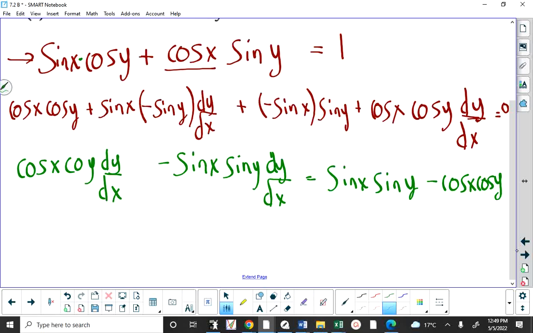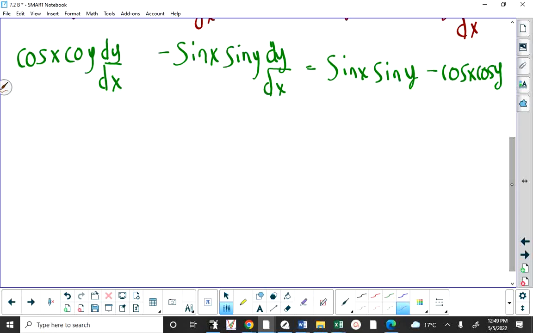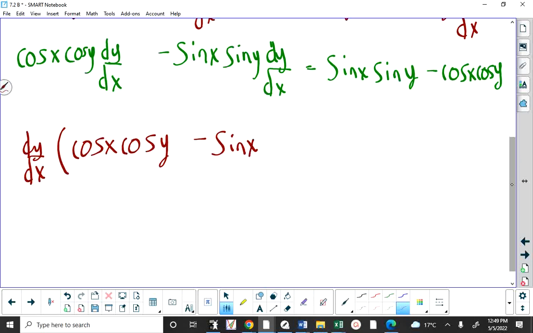This is pretty amazing, and I will have to give some thought as to why this is going to happen. When I factor the dy dx out, I'm going to have cos x cos y minus sine x sine y. This is equal to sine x sine y minus cos x cos y.